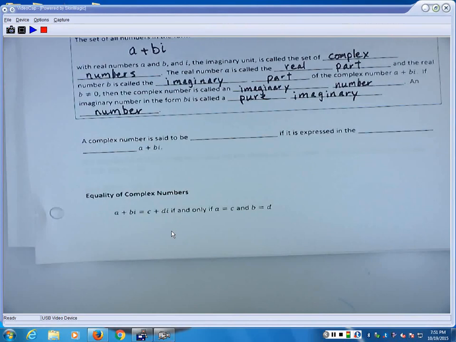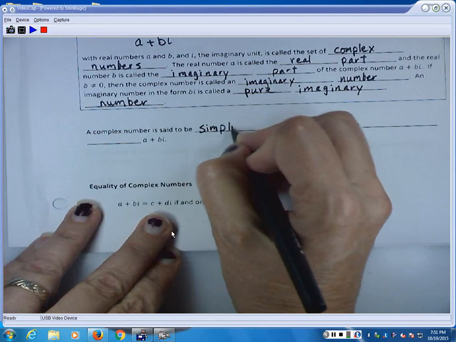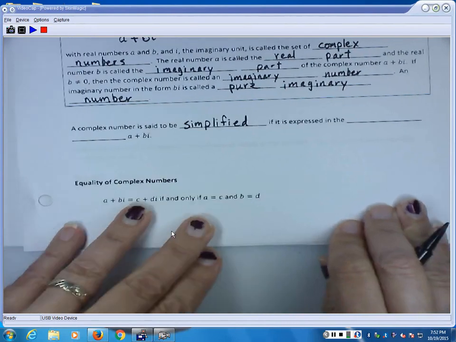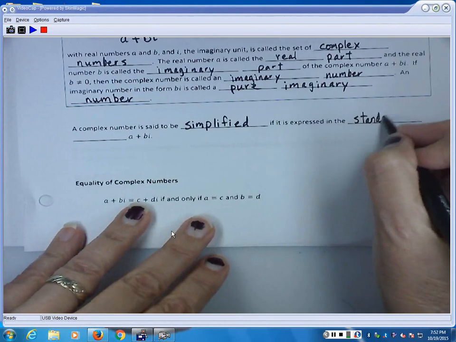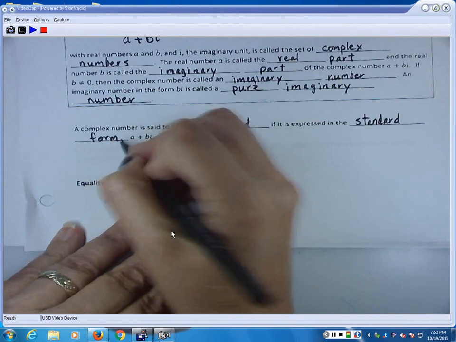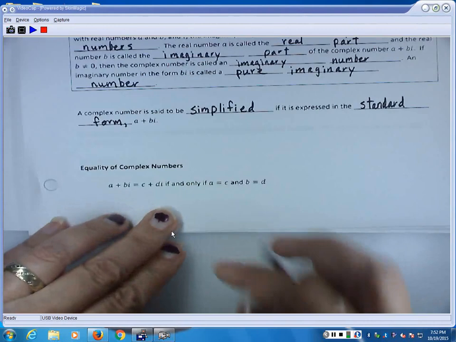A complex number is said to be simplified if it is expressed in the standard form a plus bi. So here are some examples.